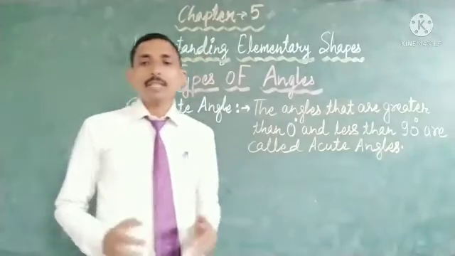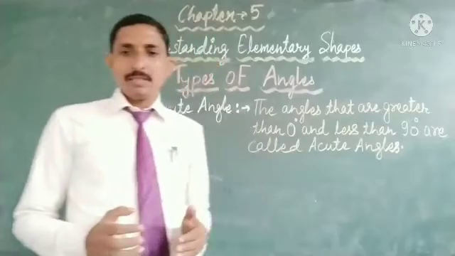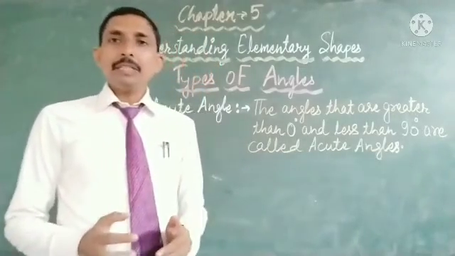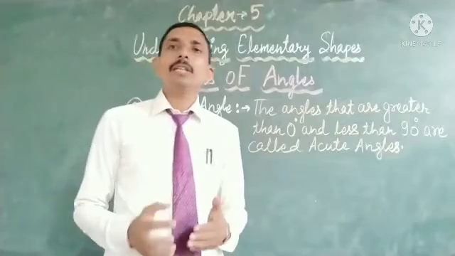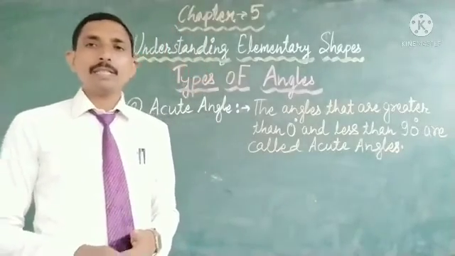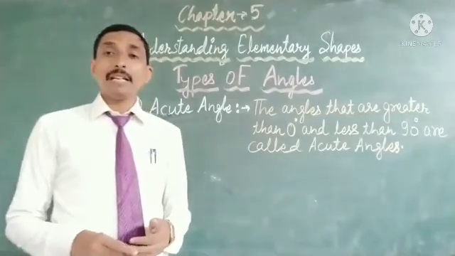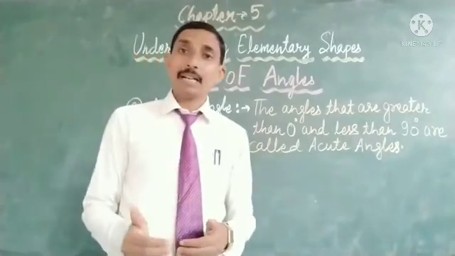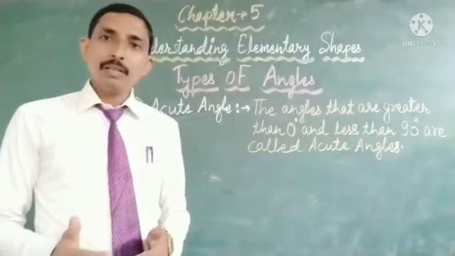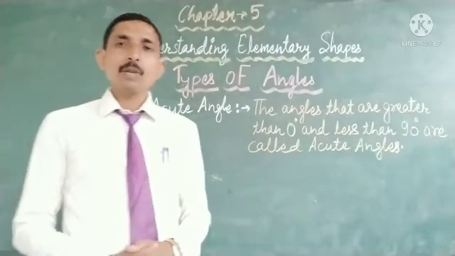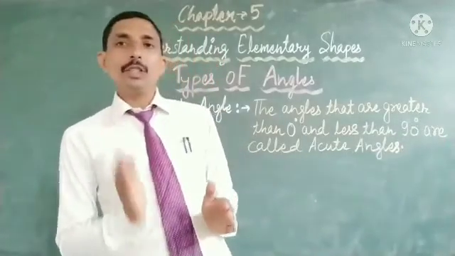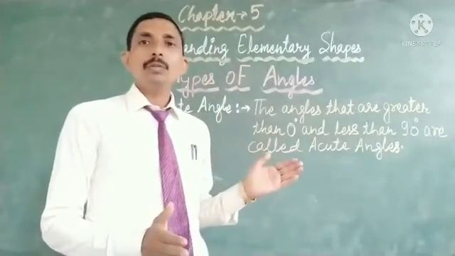Or we can say the angles smaller than right angles are called acute angle. So these all angles lie between 0 degree to 90 degree.